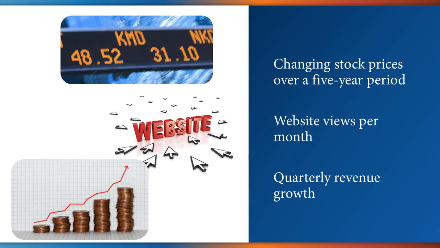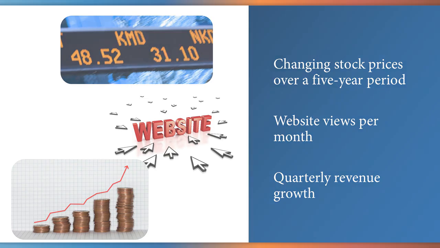Here are guidelines for when to use line charts. When viewing trends in data over time, for example, to show how stock prices change over a 5-year period, displaying website page views during a month, or revenue growth by quarter.